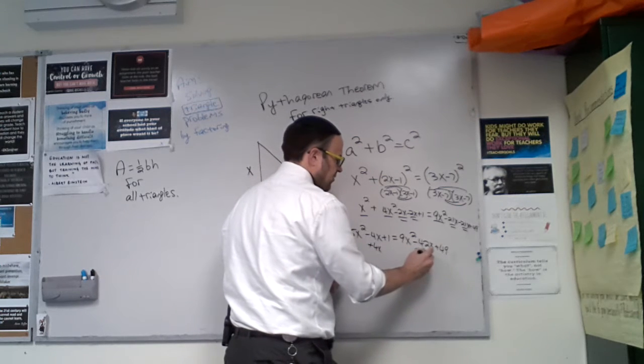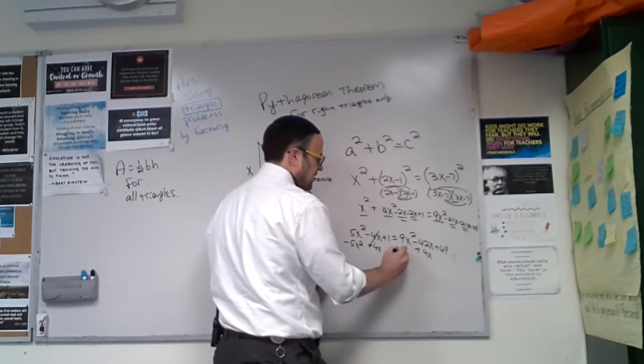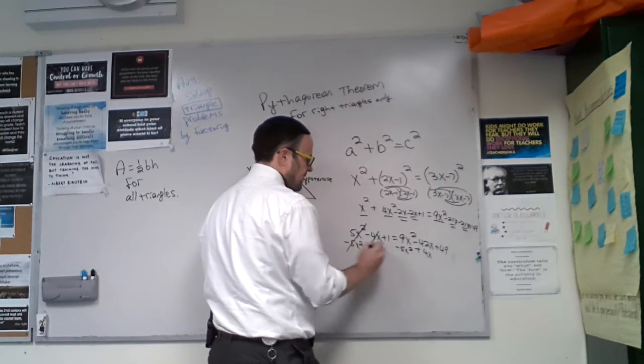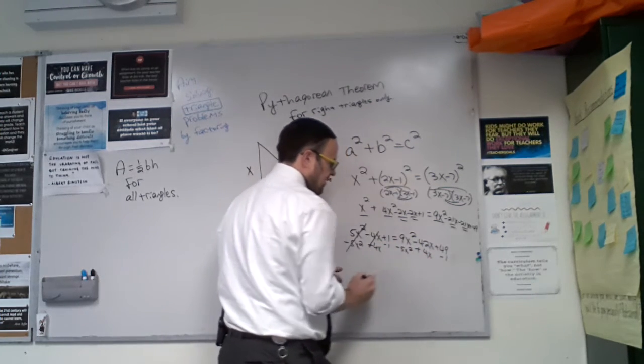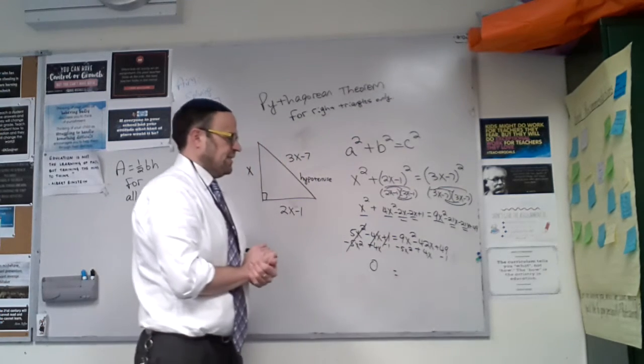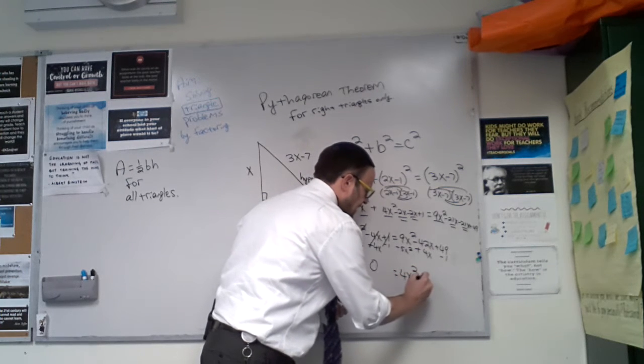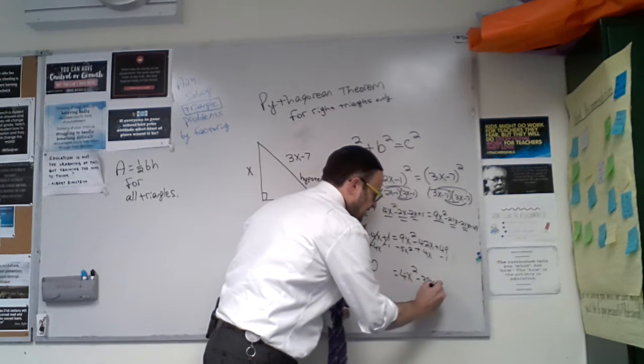Add 4x to both sides. Subtract 5x squared from both sides. And subtract 1 from both sides. Why are we doing all of that? To get that 0. You get one side equal to 0, so that I can factor.